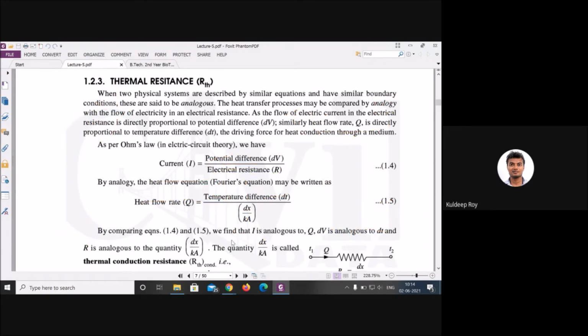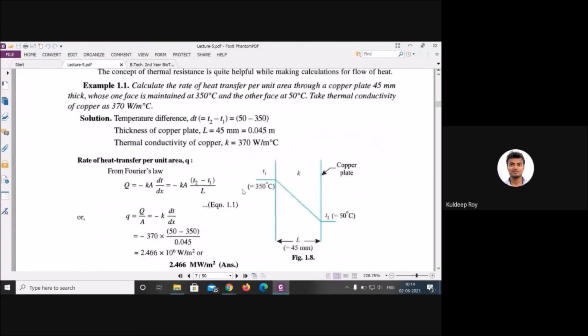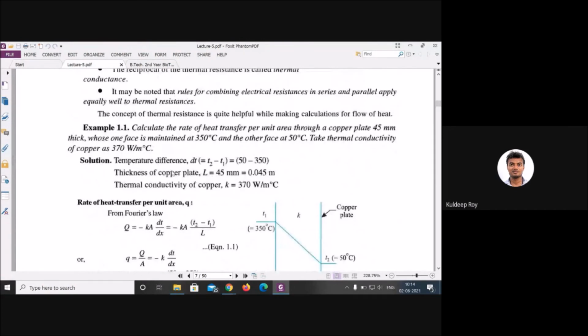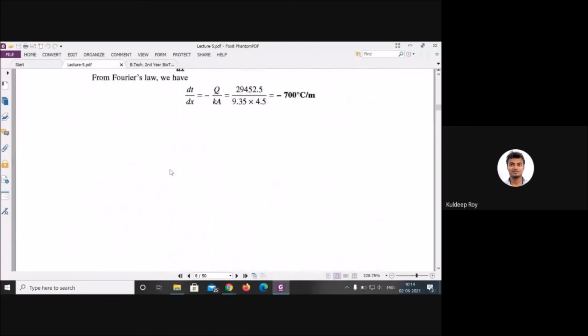Just keep this formula in your mind, delta X divided by Ka. This is the resistance. We have also discussed a few numericals in the earlier class.